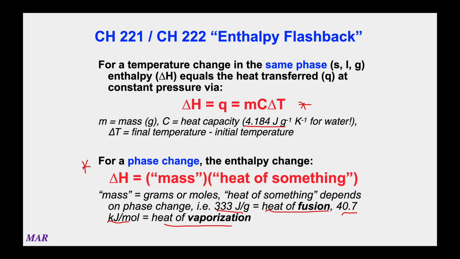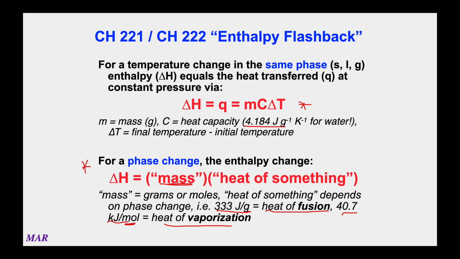So when you're doing an enthalpy calculation, the mass in quotes has to take into account whatever the heat value is given. So if you were using 333 joules per gram, your mass would be grams. On the other hand, if you're using 40.7 kilojoules per mole, then your mass would have to be in moles in order to get them canceled out.